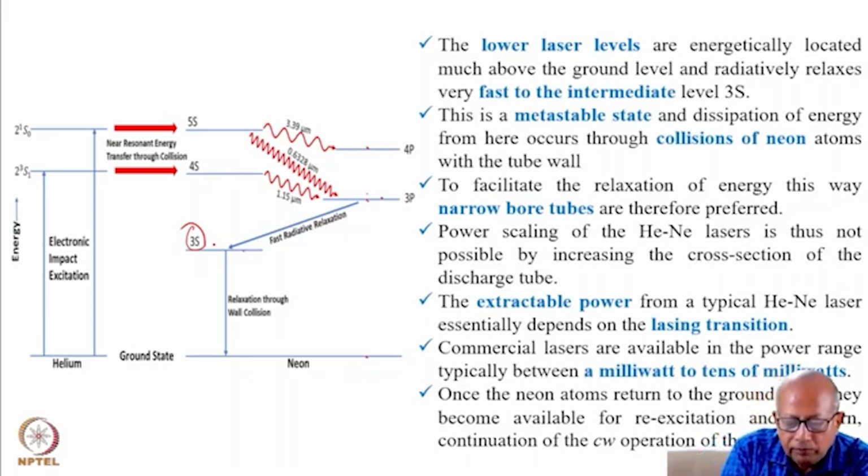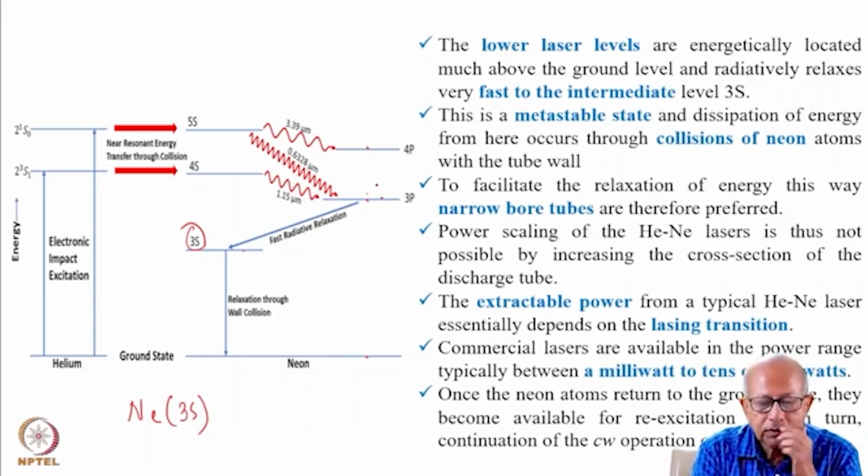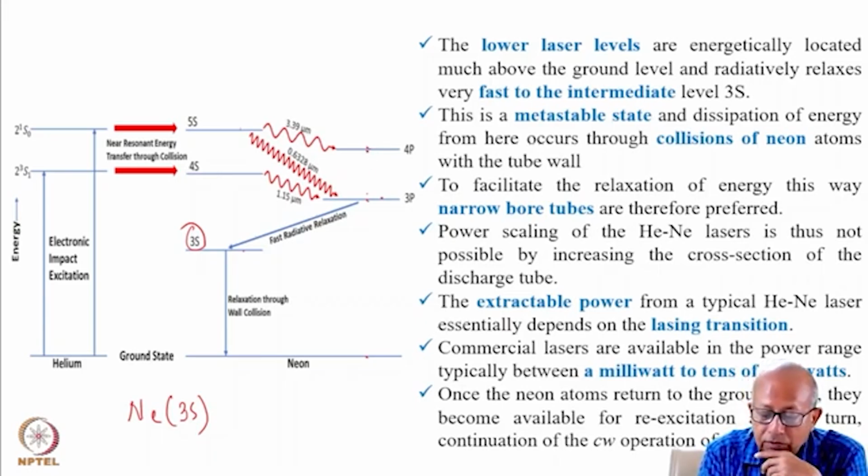So basically, as the lasing process continues, the energy comes down to the lower laser level, and from here they relax very fast to this level, which is a metastable state.